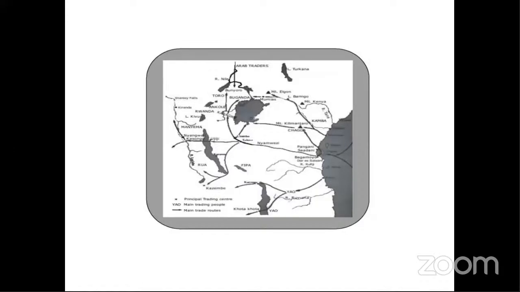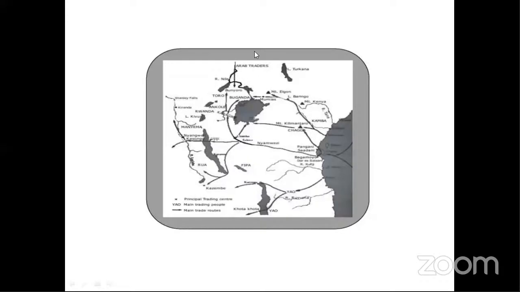Are you getting it? So now when you look at this map here, we are looking at people that came from the north. You can see Arab traders. There is an arrow around here. Those ones were now Arabs coming from the north to the interior of East Africa.